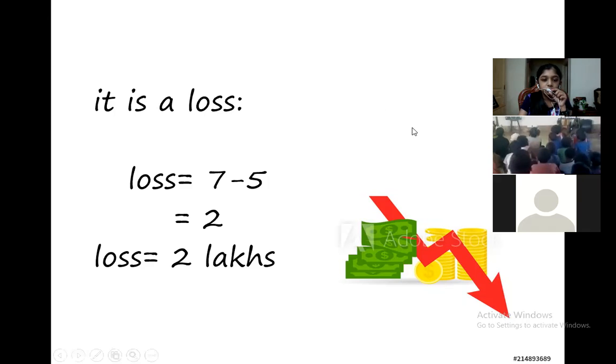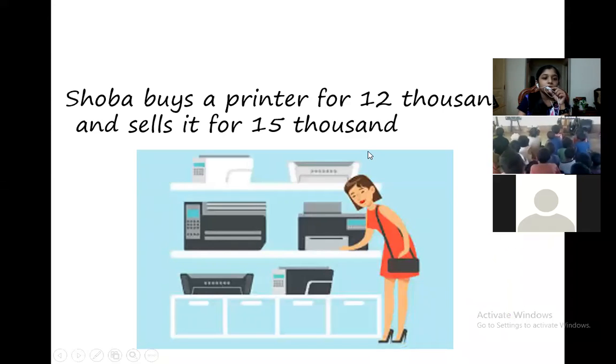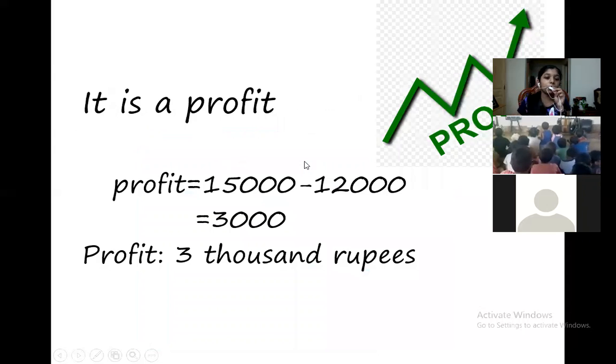Okay. Next question. Shobha buys a printer for 12,000 rupees and sells it for 15,000 rupees. So is it a profit or a loss? It's a profit because the selling price is higher than the cost price.